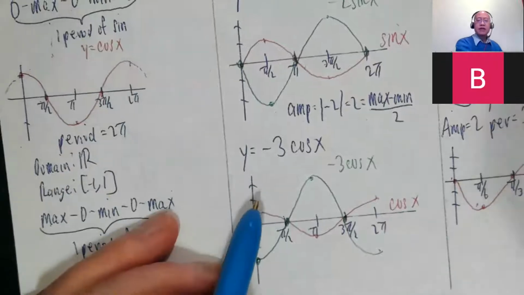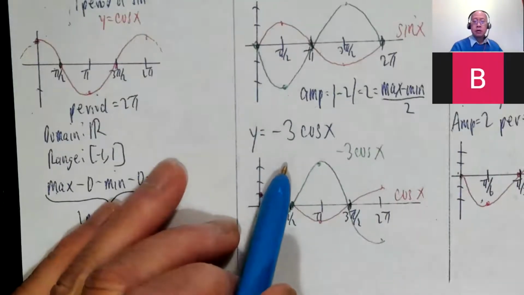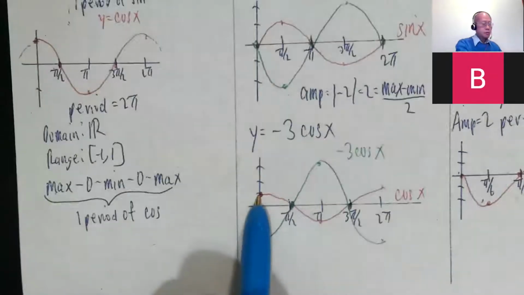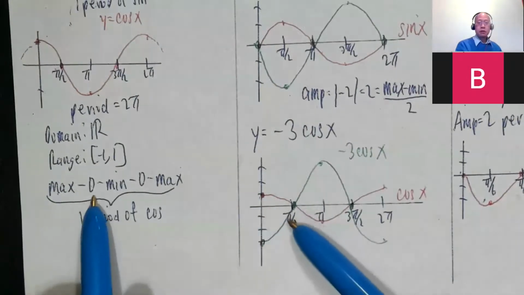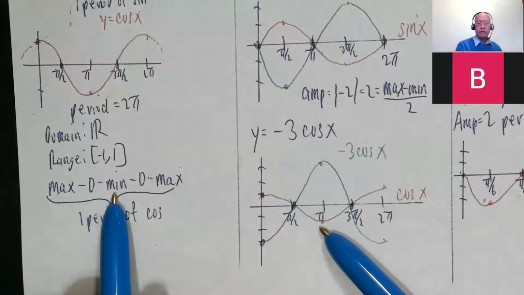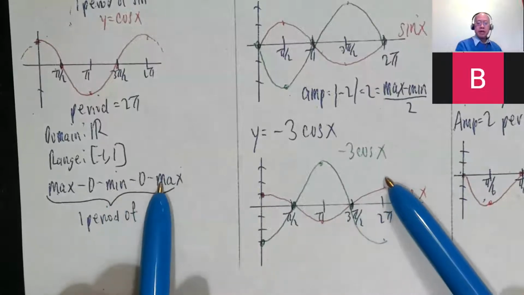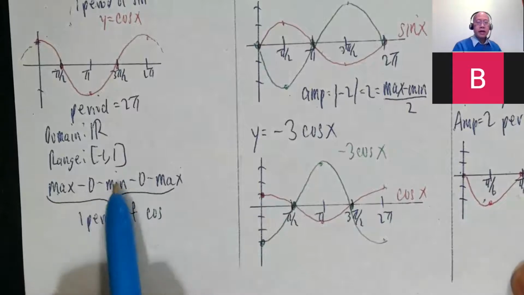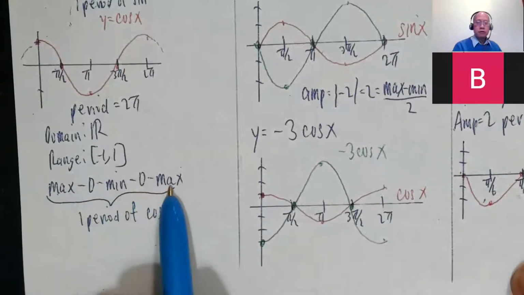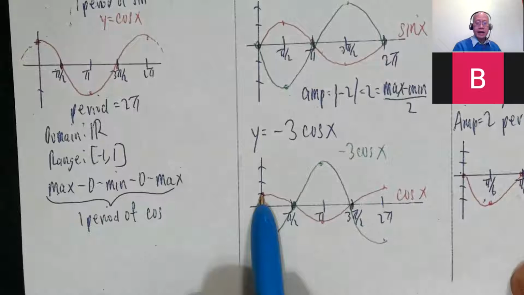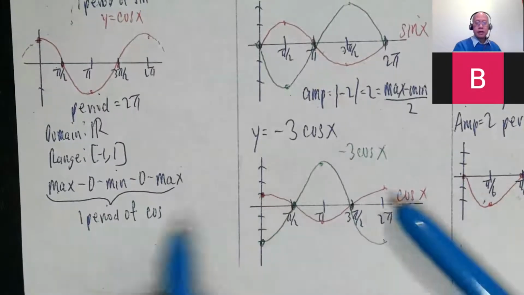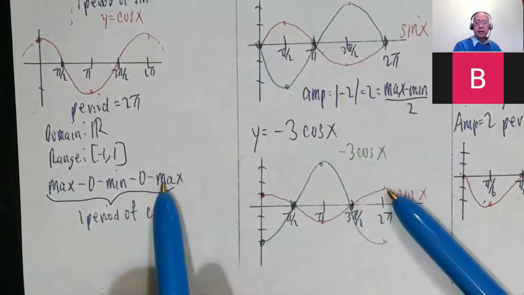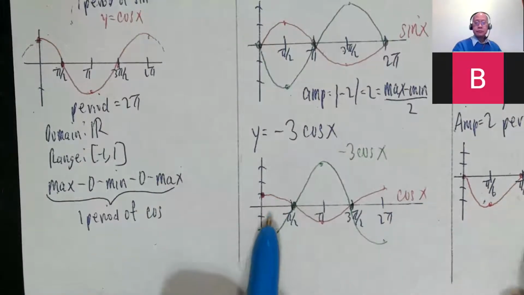Okay, so an example is -3 cosine x. Regular cosine goes maximum 1, 0, minimum -1, 0, maximum. That's one period. And this is every quarter. So this is 1/4 of the way, halfway, 3/4 of the way, full way. So starting at 0, maximum, 1/4 of the way, 0, halfway, minimum, 3/4 of the way back to 0, and then the end of a period, maximum.